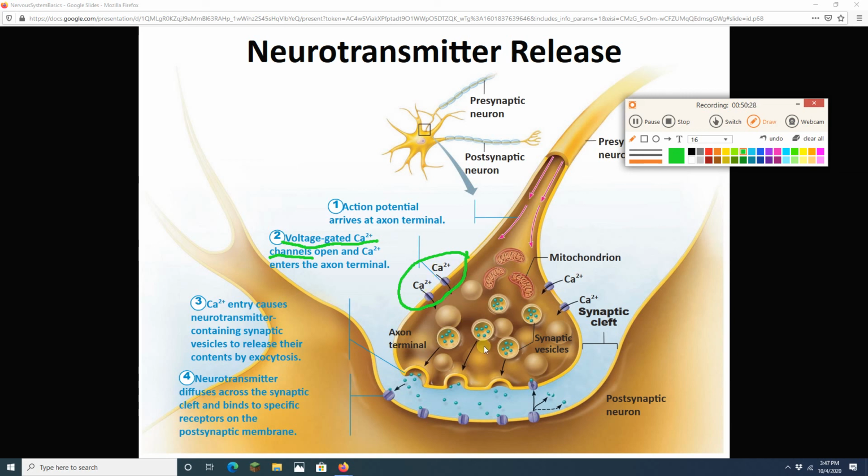Calcium is rushing in. The calcium influx is going to make the synaptic vesicles undergo exocytosis, releasing the neurotransmitters into the synaptic cleft, where they can bind to channels on the neighboring neuron, causing them to open, causing a new graded potential to be created. That's how we get neurotransmitter release.